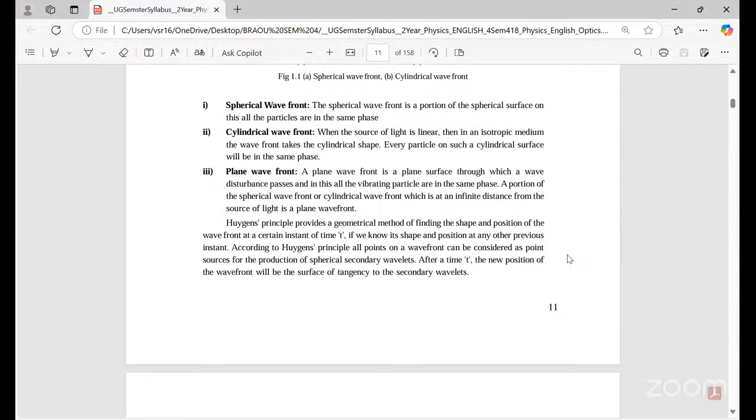Each particle on this cylindrical surface will be in the same phase. Next one is the plane wavefront. A plane wavefront is a plane surface through which a wave disturbance passes, and all the vibrating particles are in the same phase.